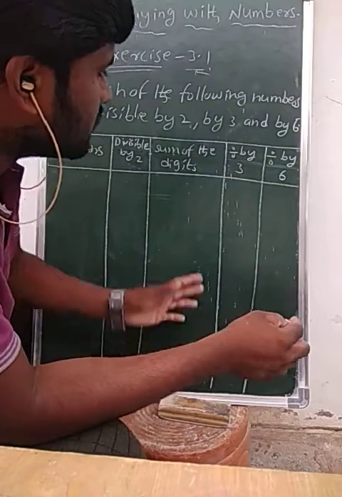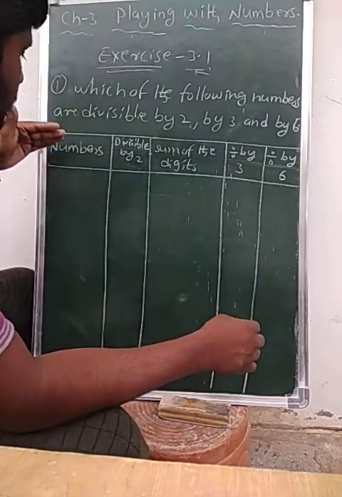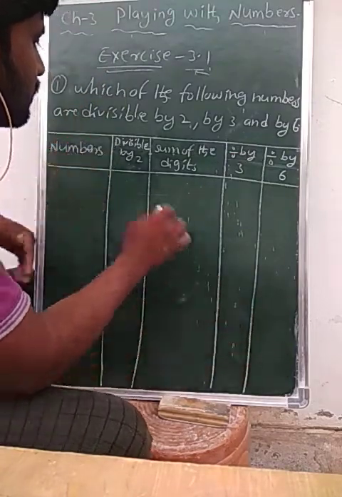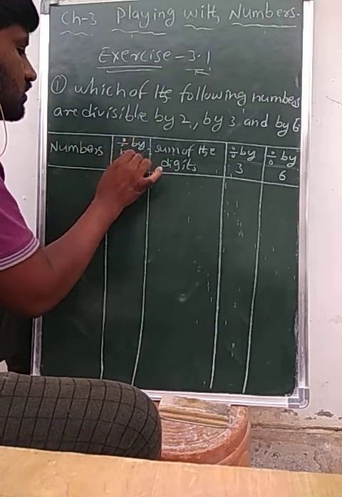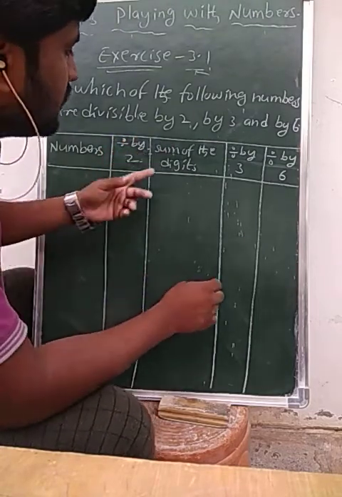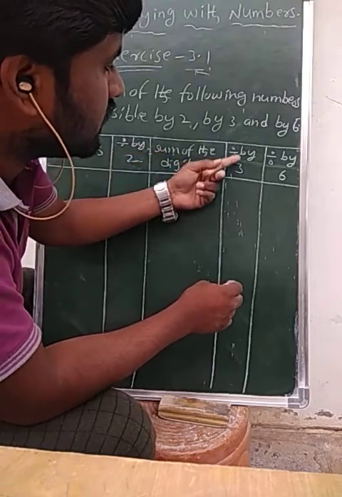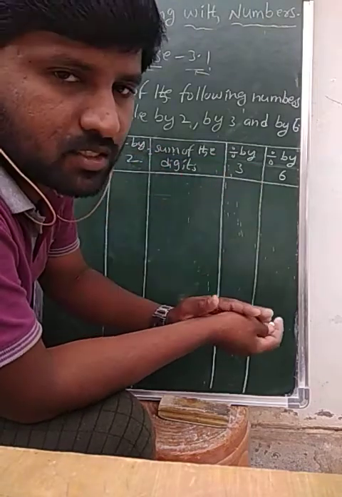So this is the required table now. First of all we have to write the numbers, then divisible by 2, next sum of the digits, again divisible by 3, divisible by 6.